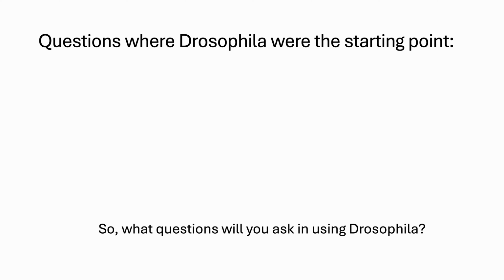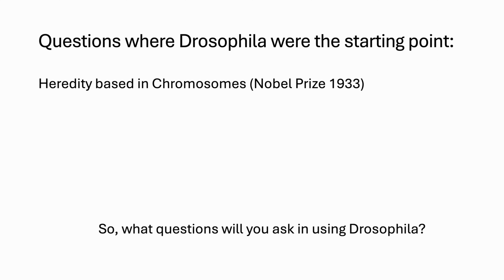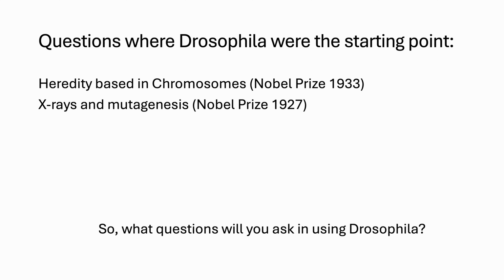And what kinds of questions have already been addressed using Drosophila? You've got Nobel Prizes awarded for understanding heredity based on chromosomes, which used Drosophila. Mutagenesis through X-rays received a Nobel Prize.